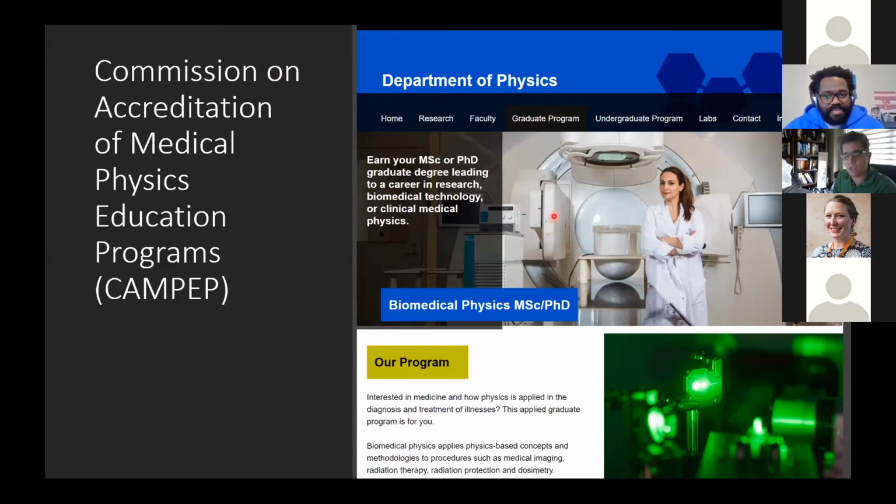In the Department of Physics here at Ryerson, we have something called the Biomedical Physics Masters and PhD, which is accredited by something called the Commission on Accreditation of Medical Physics Education Programs. So medical physics as a discipline is a discipline on its own, and you could get a graduate degree whose courses have been approved by the accredited process.